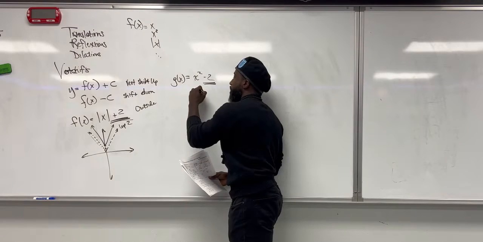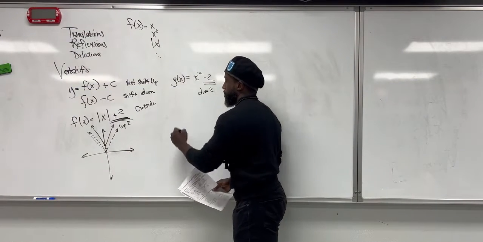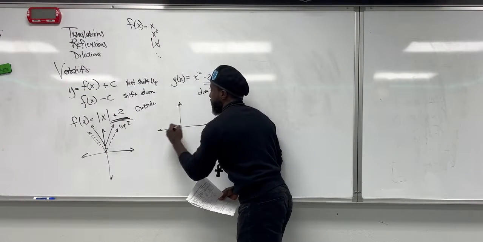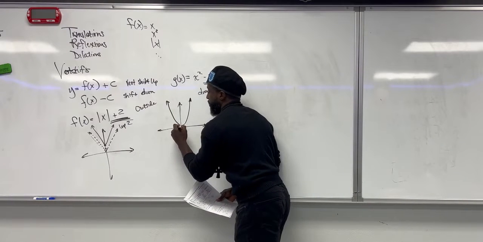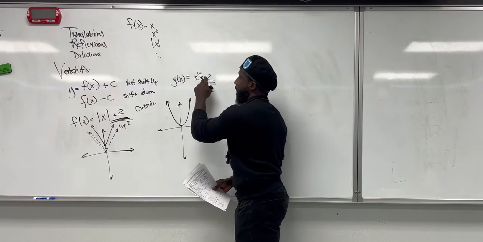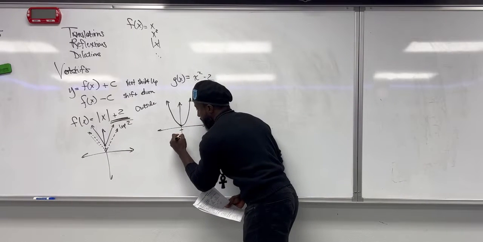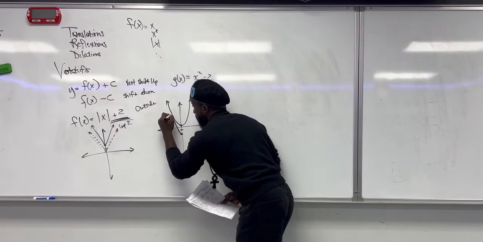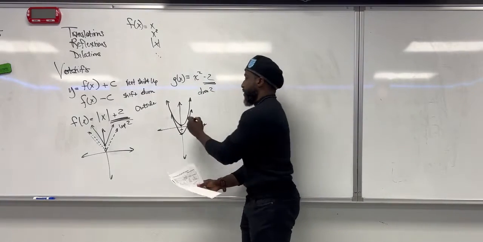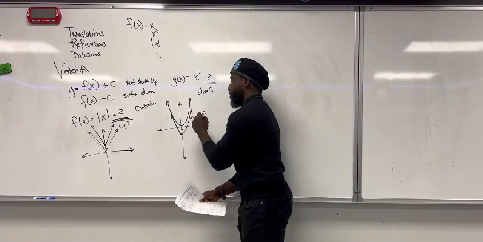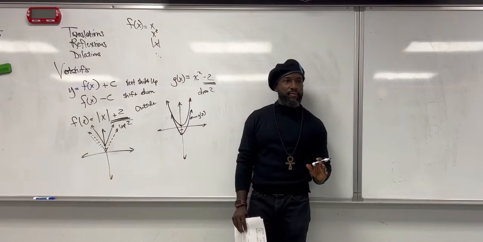The parent function looks like this, going through the origin, and with minus 2 you're going down 2. It'll do the same thing going here, so this is where g of x is. Everybody good so far?